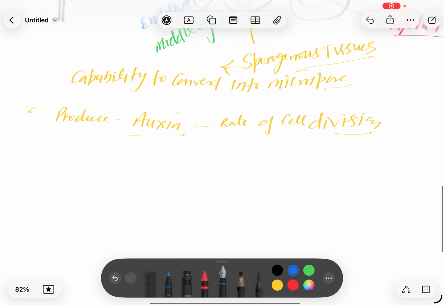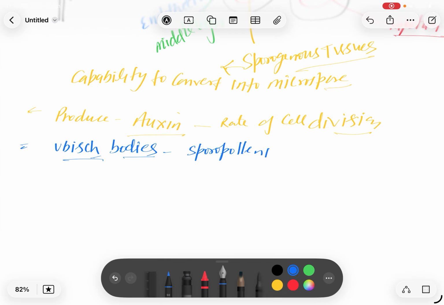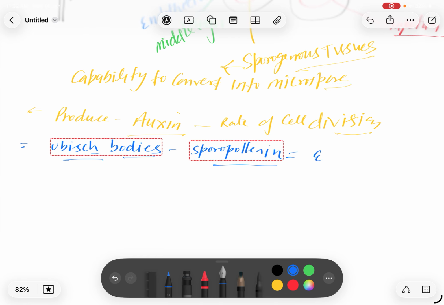Similarly, it produces Ubisch bodies. These Ubisch bodies are filled with sporopollenin, and this sporopollenin produces the exine of the pollen grain.